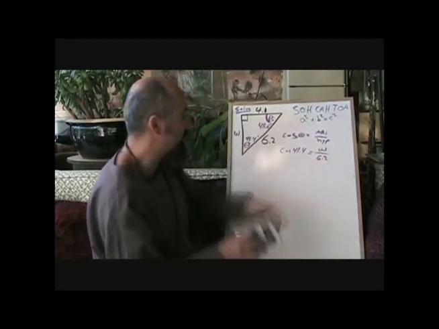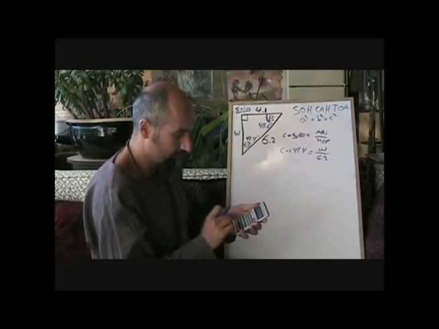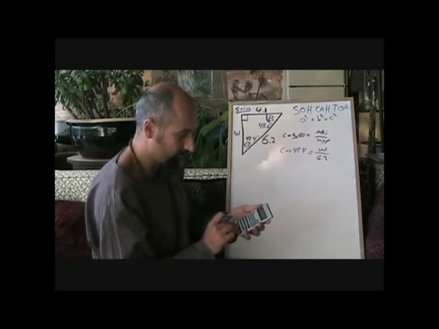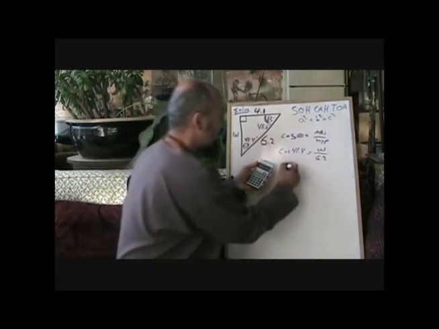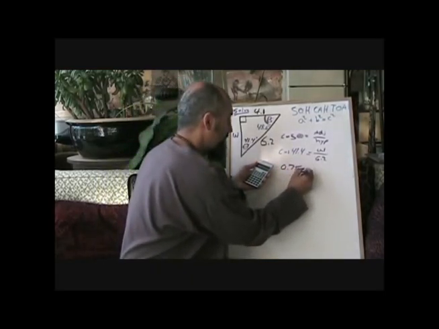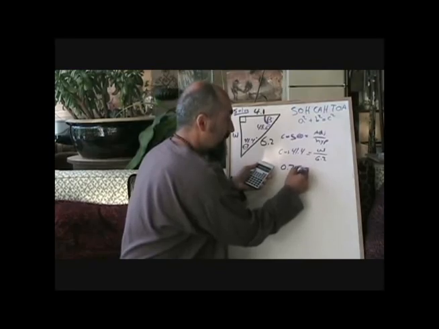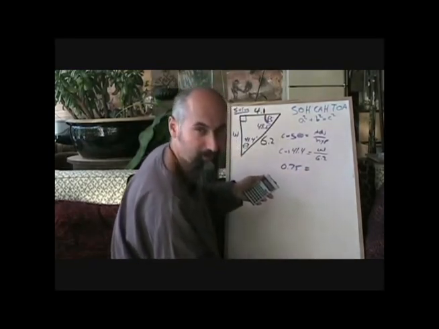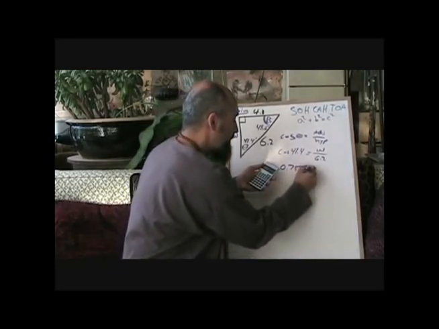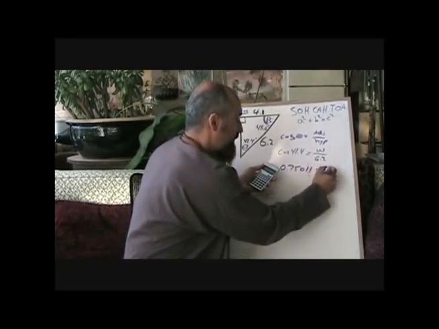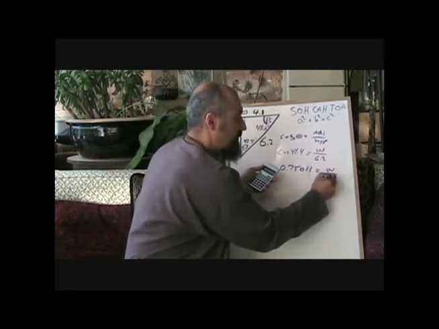So what you're going to do is go 41.4, and take the cos of it because that's what that means. That's going to give you 0.75011, equal to W over 6.2. Let's use complete sig figs.